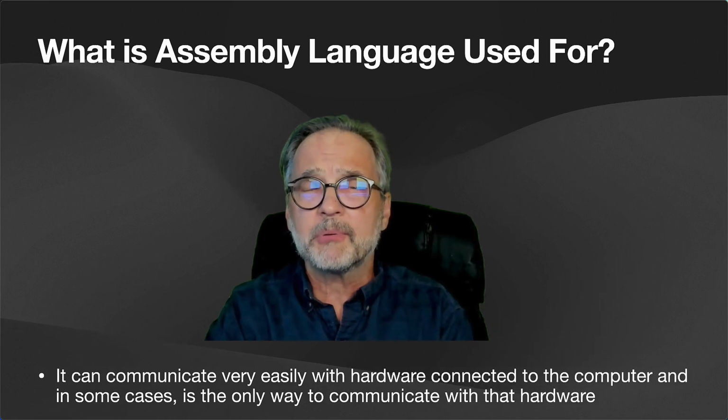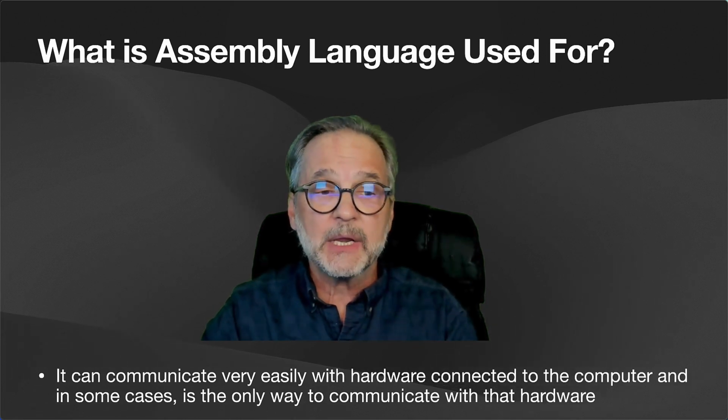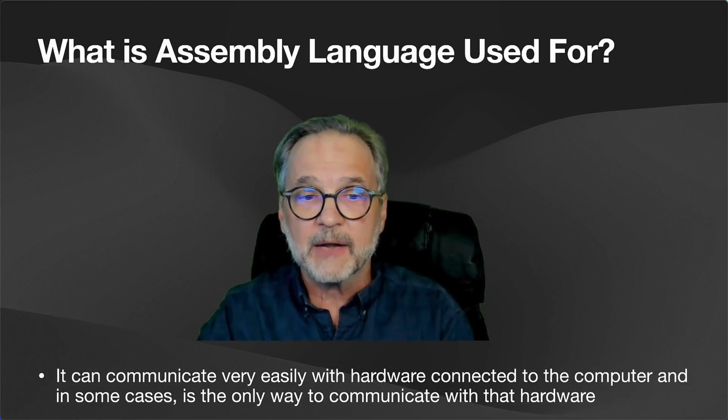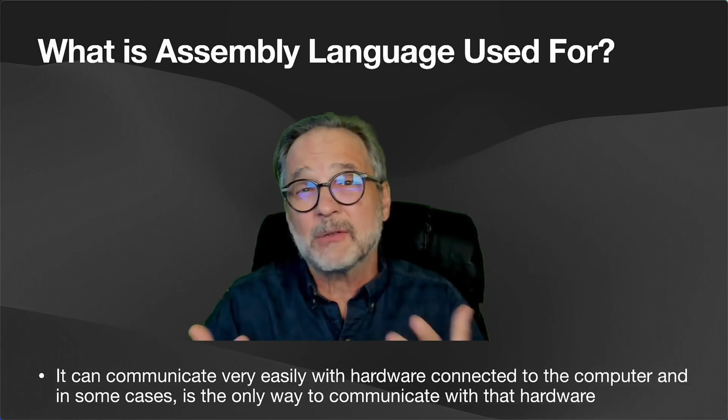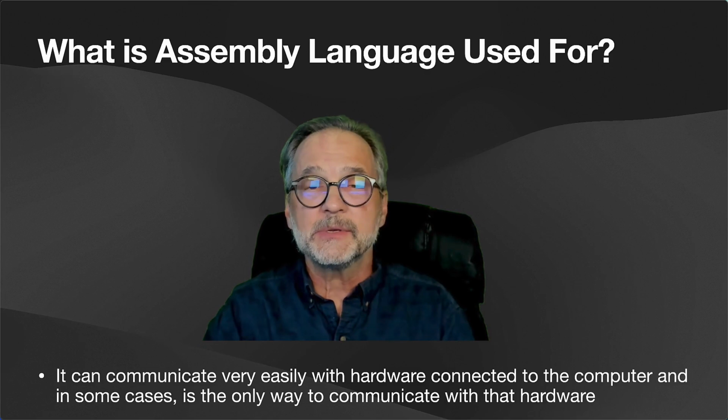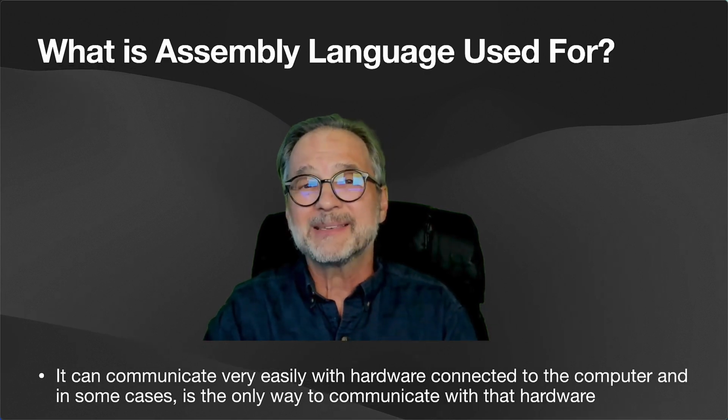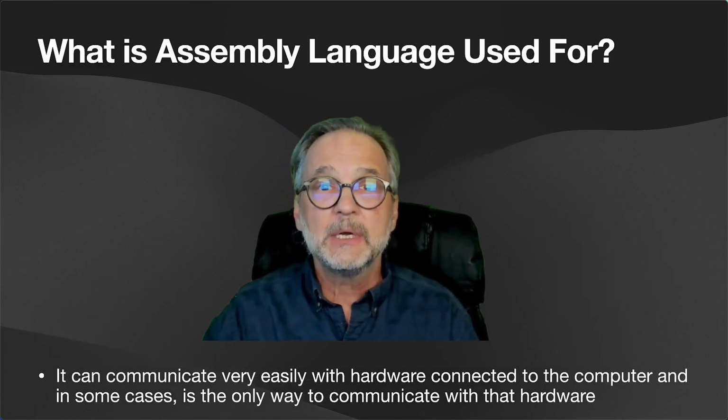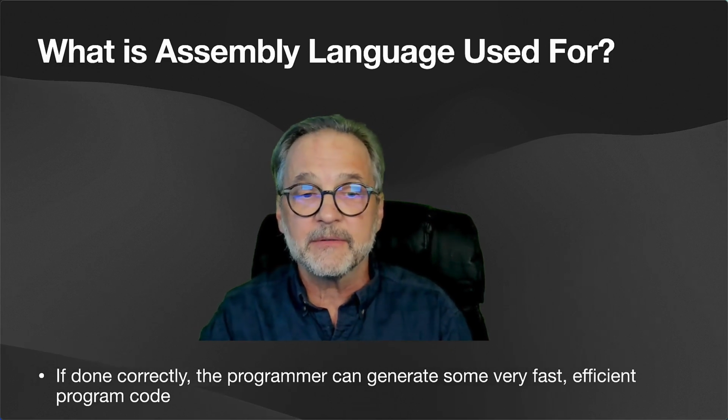Assembler language programs can very easily communicate with connected hardware. In some cases, that's the only way to talk to that hardware, because it doesn't have a higher level language set of libraries or interfaces.